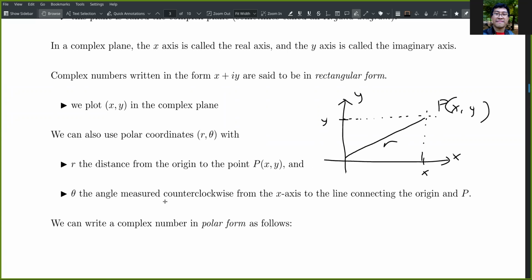The angle measured counterclockwise from the x-axis to the line connecting the origin and P, that's theta.